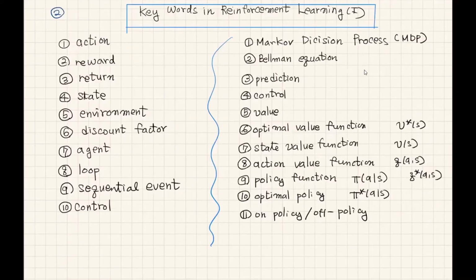Now let's talk about reinforcement learning. Reinforcement learning is a little bit more complicated than the basics of DNN. I listed some keywords of reinforcement learning. Don't be pressured to understand them, because after 2 or 3 weeks we can talk about these keywords again, and at that time we will have a very good idea of this wording.